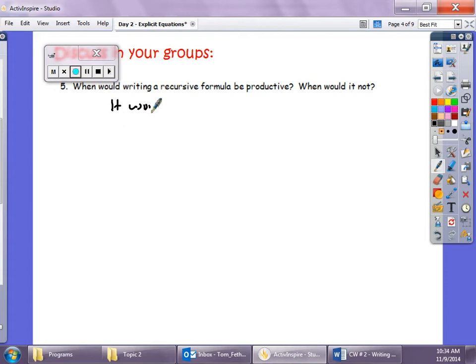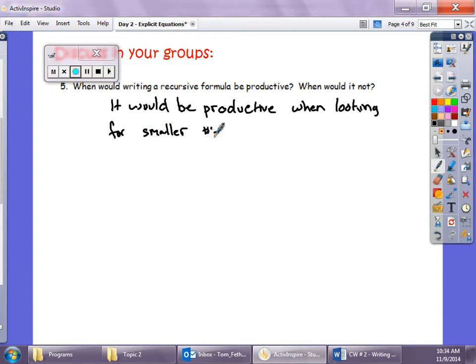It would be productive when looking for smaller numbers, like f of 2 or f of 4, something like that, some of those smaller numbers.